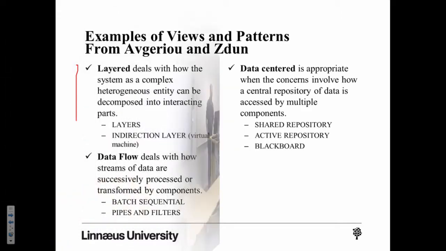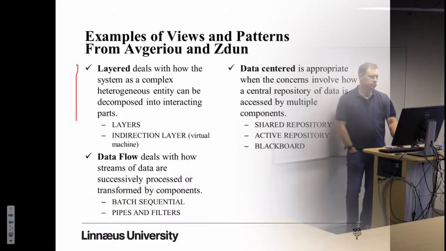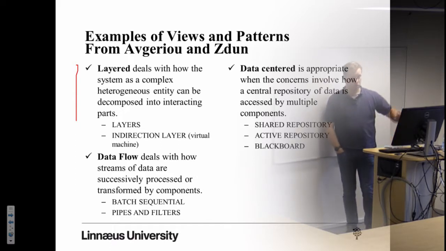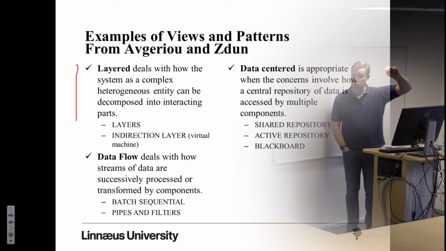That's a nice thing to have, because if you have a layer at that level of abstraction, you can focus on that level of abstraction and what it provides and how it provides it. You don't have to consider layers beneath. You can just assume they work.